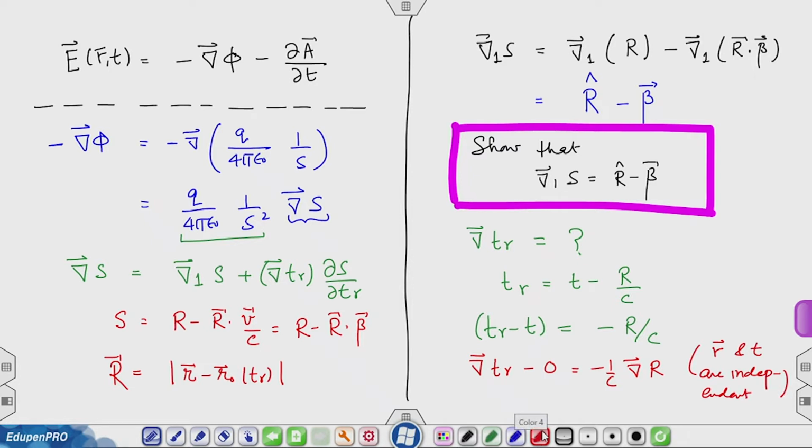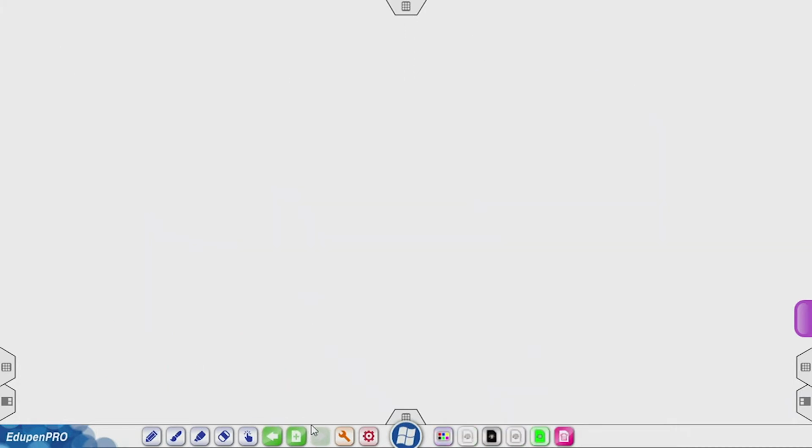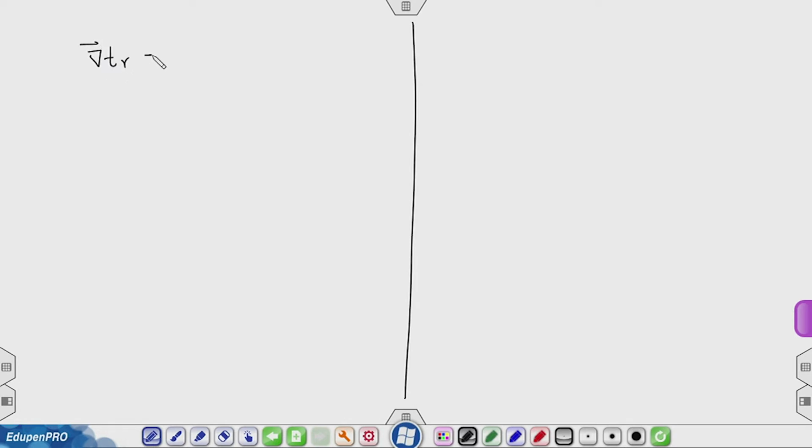So, let us work on this. So, I found grad of TR is equal to minus 1 over C grad of R, which again I can write as minus 1 over C grad 1 acting on R minus grad of TR dR/dTR.